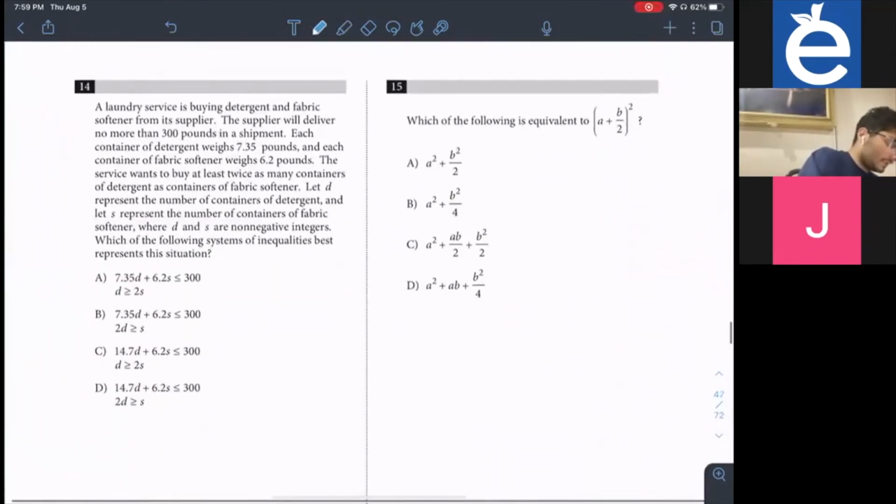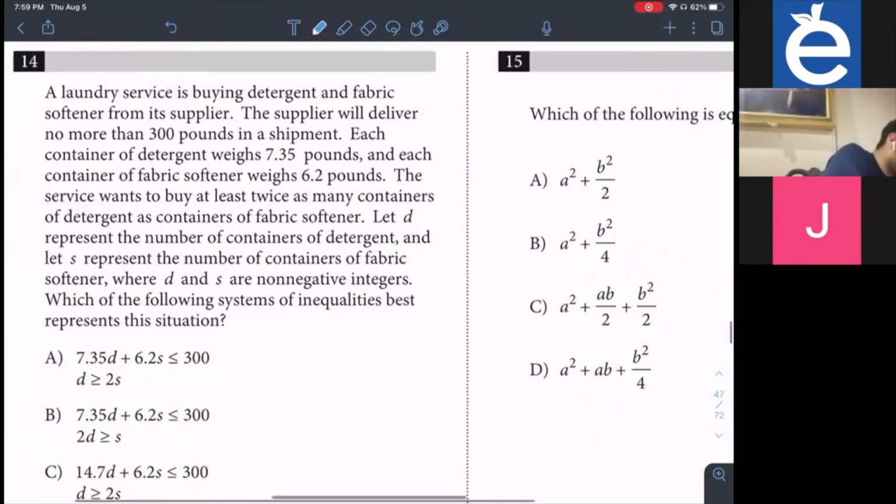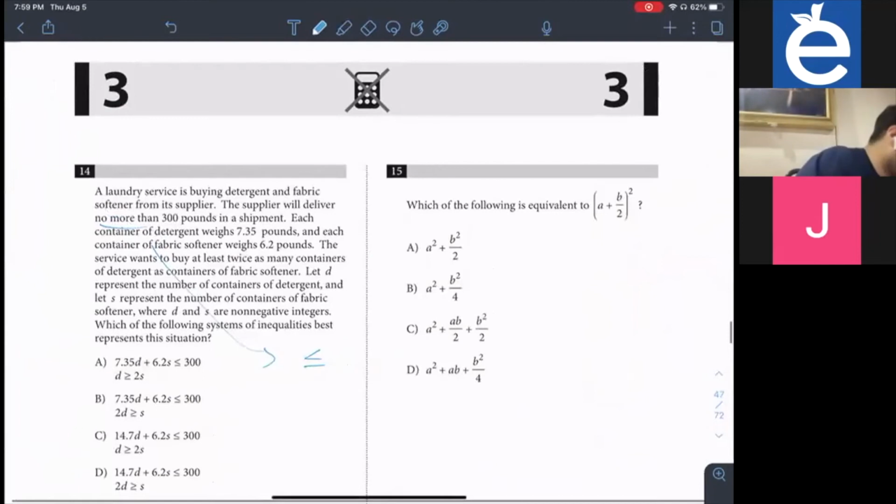Question 14. A laundry service is buying detergent and fabric softener from its supplier. The supplier will deliver no more than 300 pounds in a shipment. No more gives you the signal that it's less than or equal to, because that's the highest they could go up to. No more than 300 pounds in a shipment.